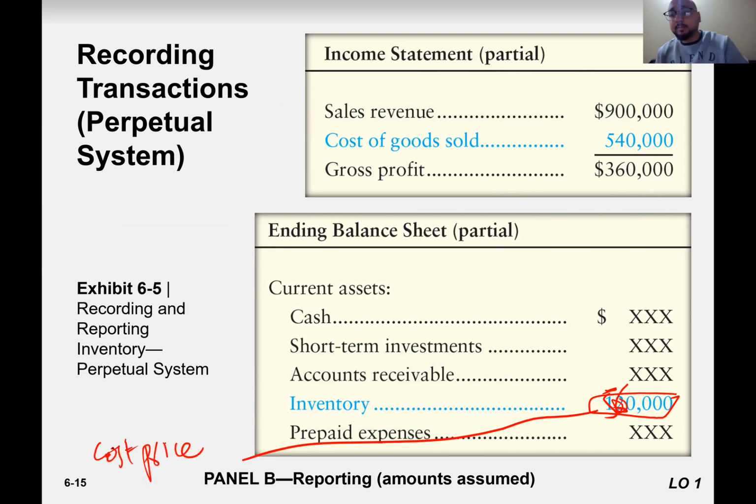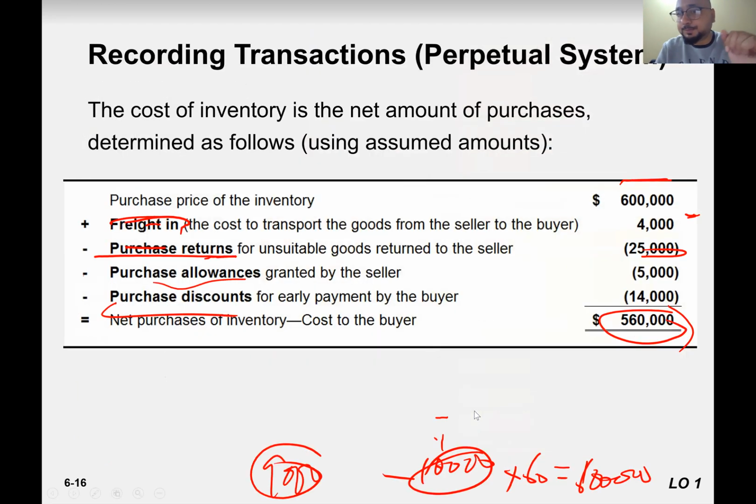And cost price doesn't mean that this is my order price. I order 10,000 bottles of shampoo from suppliers at 60 each, so 600,000 is the inventory. No, we need to add all the freight charges, less all the discounts and allowances, right? So that's why it is 560,000, not 600,000 here.